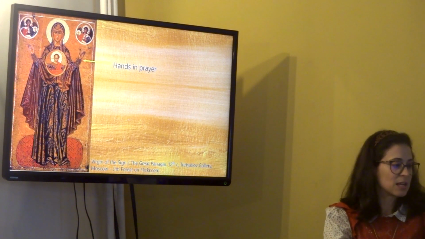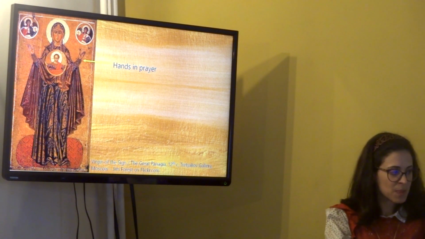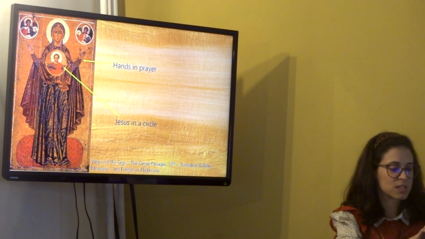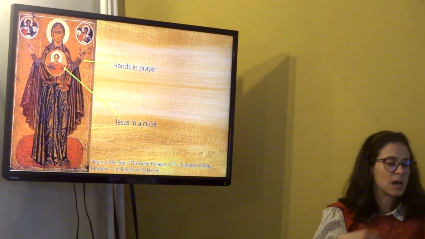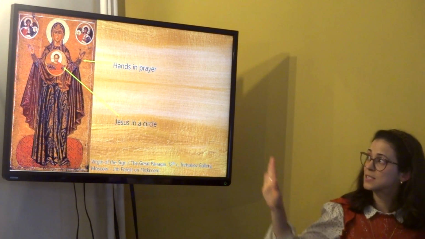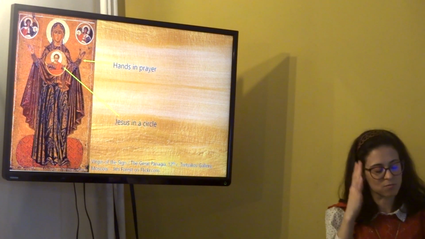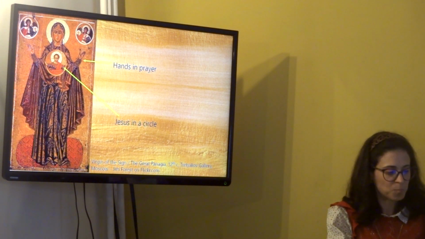So we see, like in the normal Oranta, the hands up in prayer, but we see Jesus in a circle over her chest or womb. Sometimes he mimics his mother's gesture of the hands, like in this case. All the time he has his right hand in blessing.